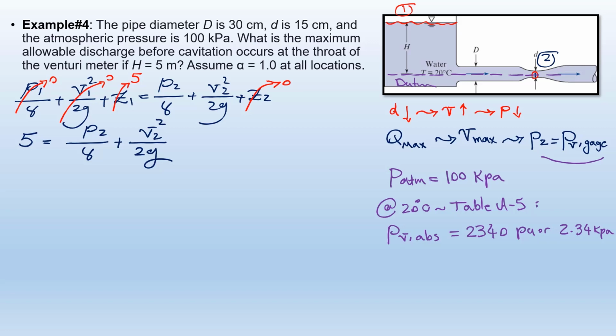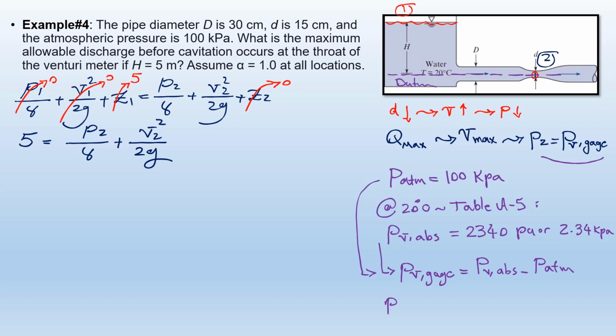Perfect. So now, in order to calculate vapor pressure gauge, I need to have vapor pressure absolute minus atmospheric pressure.